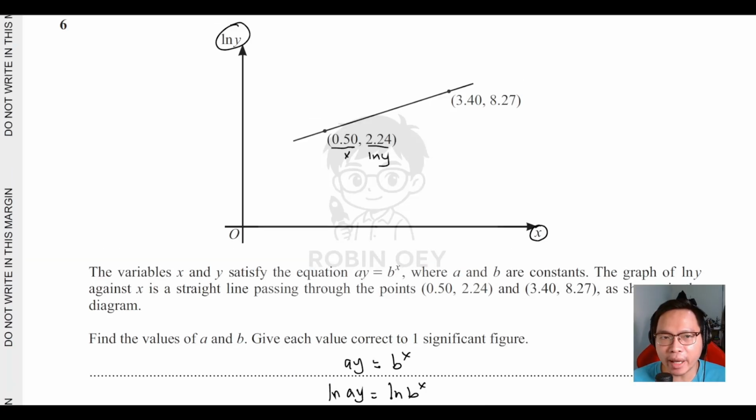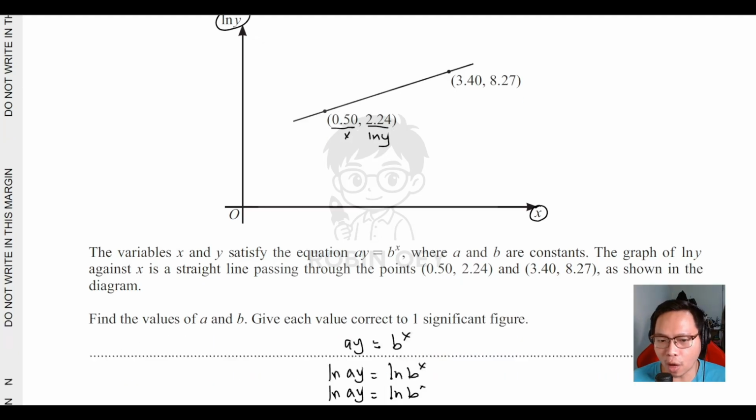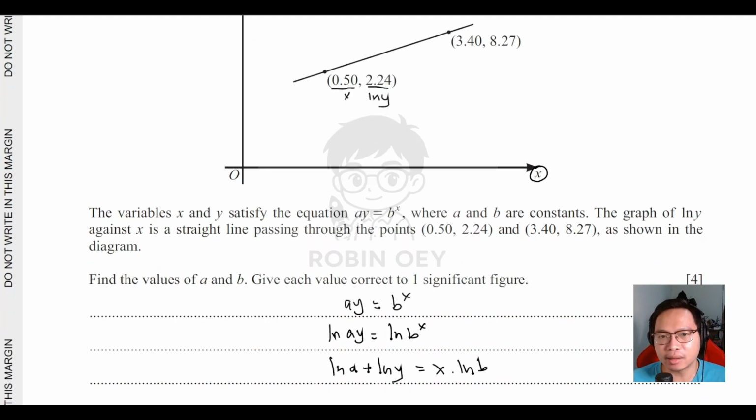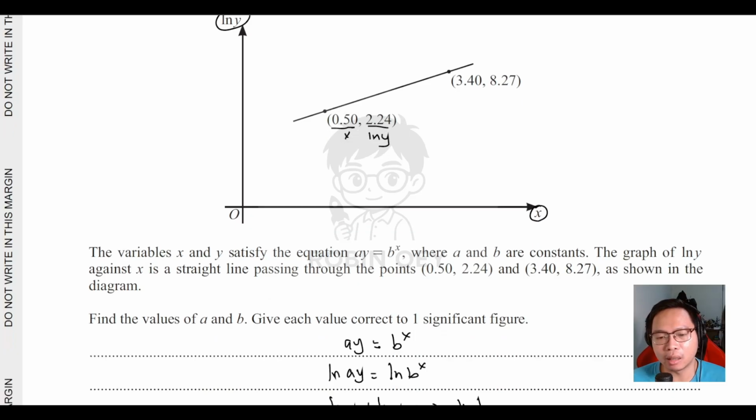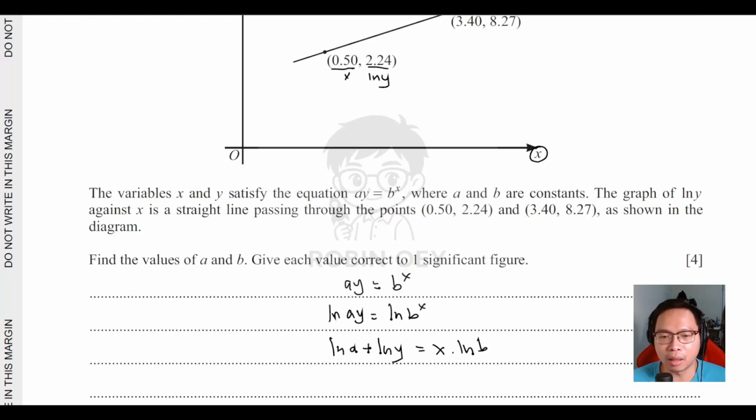So the y-axis is ln y, not y. The x is still x. So if there is any ln or operator beside the variable, then you need to do that. But if it's already ln, like the y-axis, then you don't need to apply another ln there.